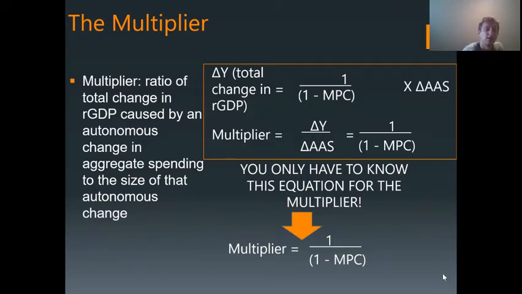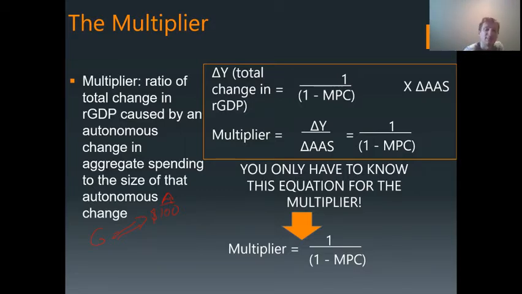So if we think government spends $100 to person A. Person A then has a choice of what to do with that money. They're going to either spend it or save it.